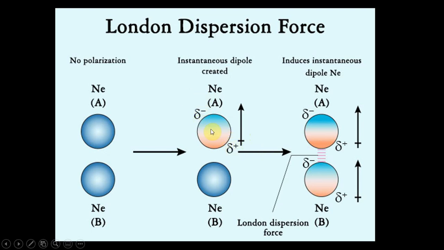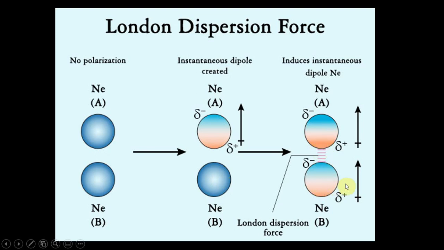And so then we get a momentary dipole. This end is slightly negative, this end slightly positive. What it does is this positive end then attracts electrons to this side of the neon in this atom. And so then it creates a momentary dipole in this one. And so now we have a little bit of attraction between these neon atoms.